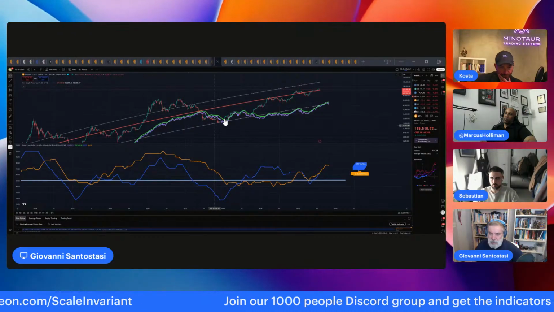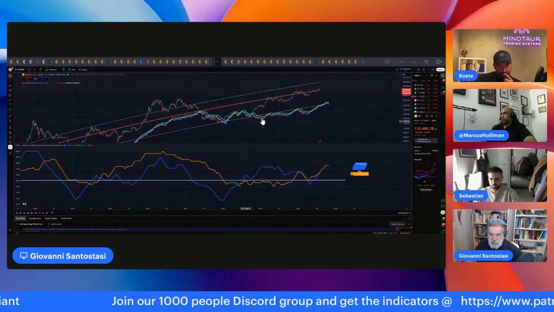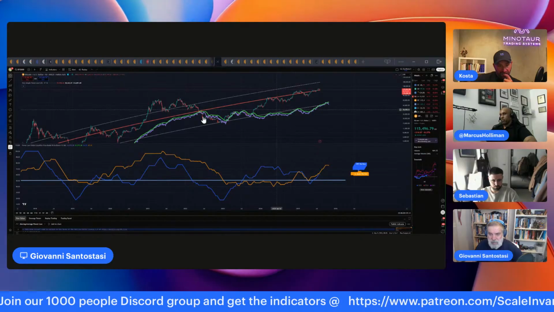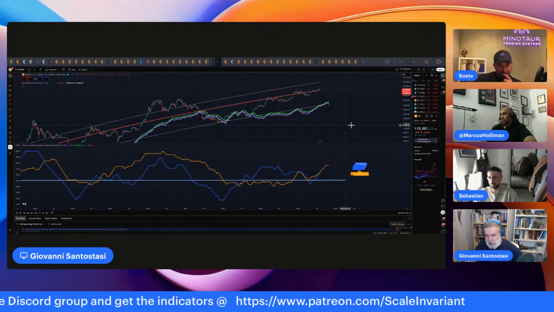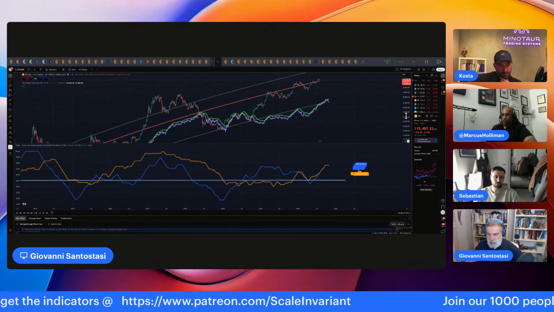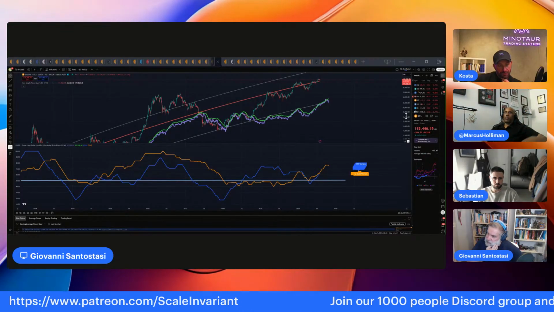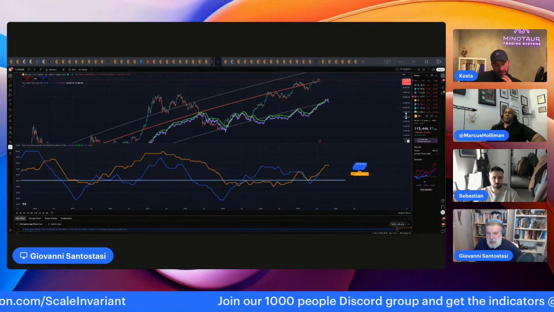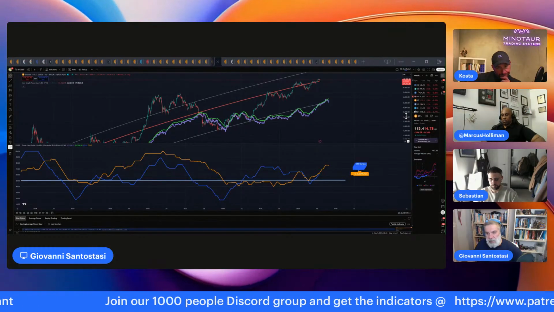So we see Bitcoin, the power law, the support line here below, and then we see this purple and green line. These purple and green lines are projections of the expected price based on liquidity.